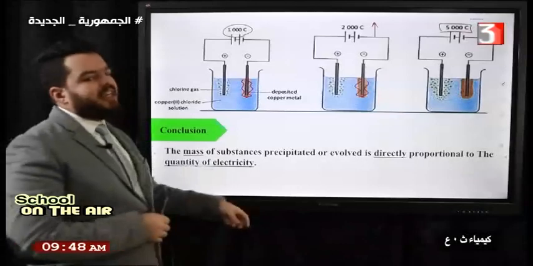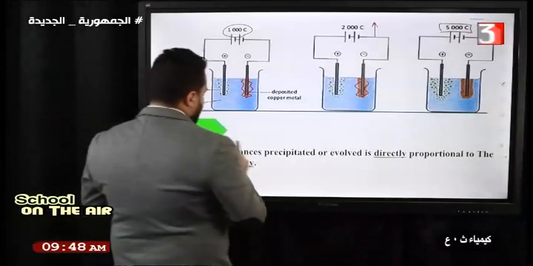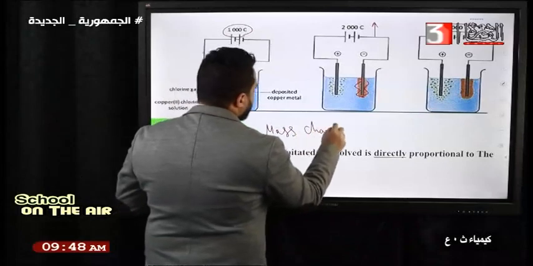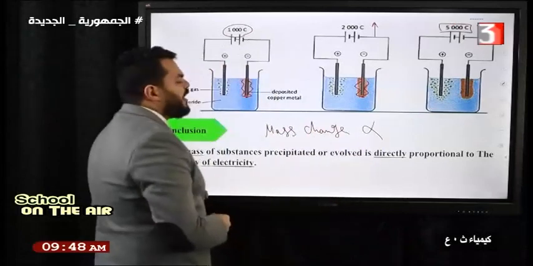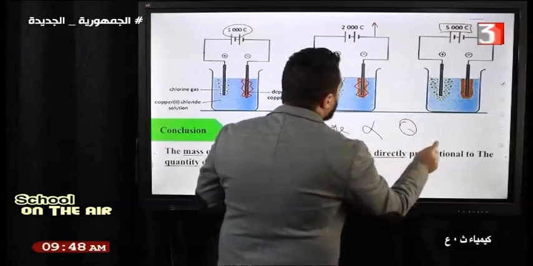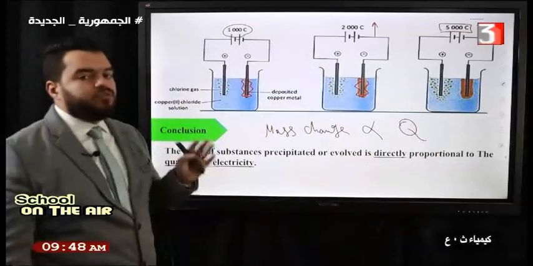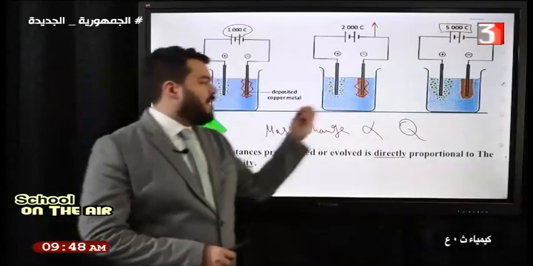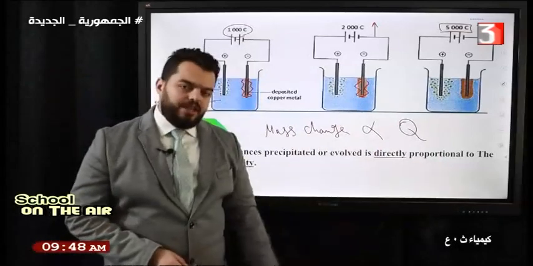You can say that the mass change in the electrolytic cells is directly proportional to the quantity of electricity. So if the quantity of electricity increases, the mass change will also increase.